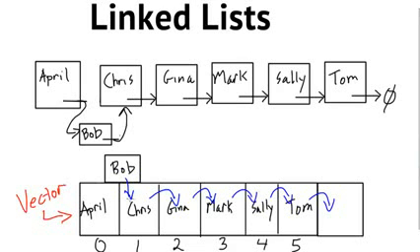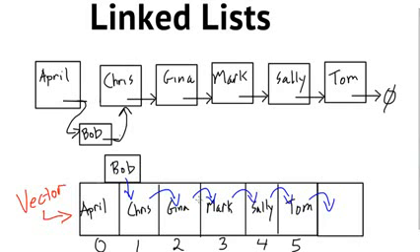Whereas in the vector, if we have to do an insertion or deletion, then we're looking at shifting elements over by 1, either to the right or to the left, depending on if it's an insertion or a deletion. So while the vector doesn't excel at insertions and deletions, it does excel at being able to access any particular element in a constant amount of time.